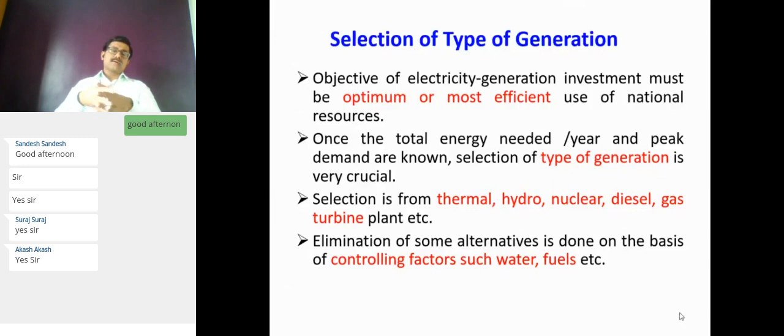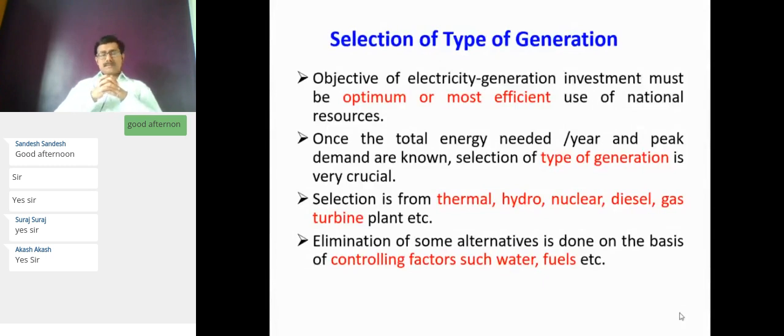Like if you are working with a thermal power plant, which is coal based, we can definitely say that an abundant amount of coal is available in our country. So coal is our national resource. We need to pay some cost for the excavation of that fuel. Then it needs to be transported. It needs to be cleaned so that it can be made use of at the appropriate level. So some cost is required for that as well.